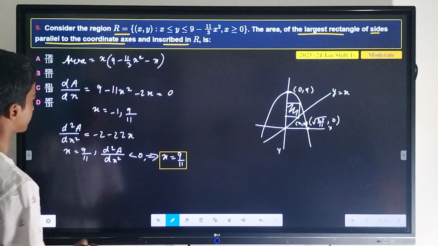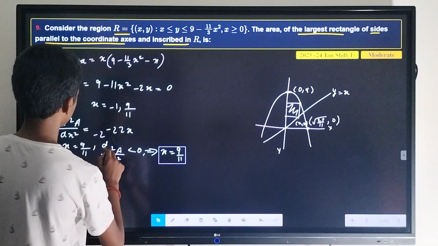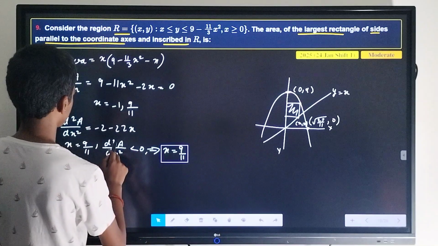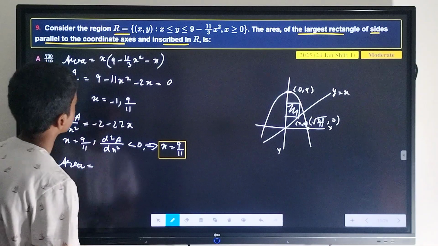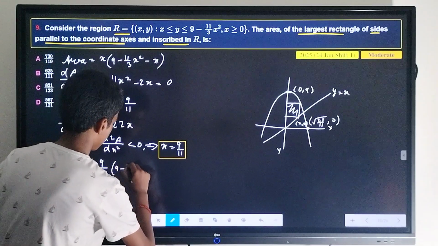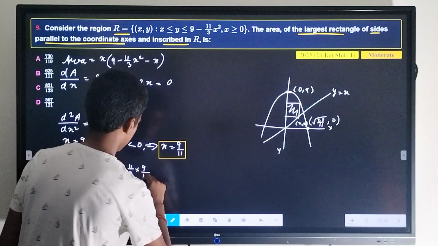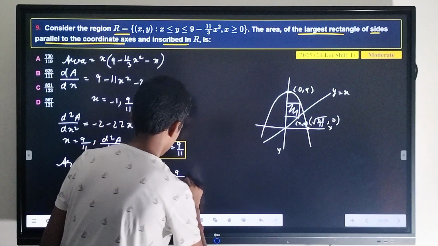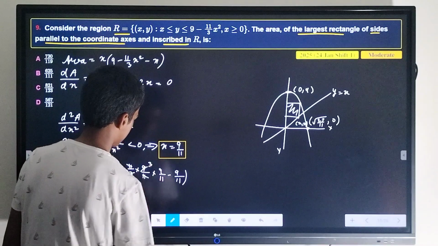Now from here, the inscribed area of the required region. Please wait a minute. The area of the largest rectangle is equal to 9 upon 11 into 9 minus 11 upon 3 into 9 upon 11 into 9 upon 11 minus 9 upon 11. So 11 will get cancelled, 3 will cancel 9 three times.